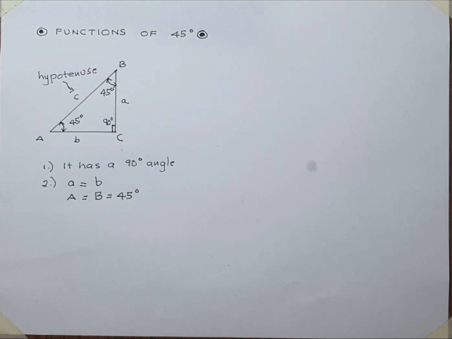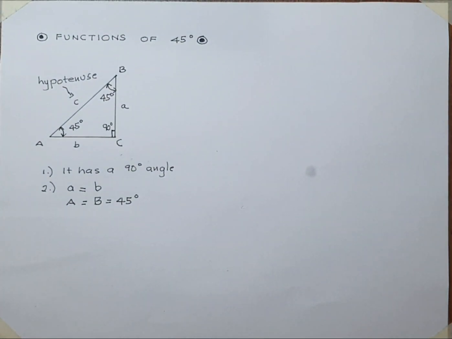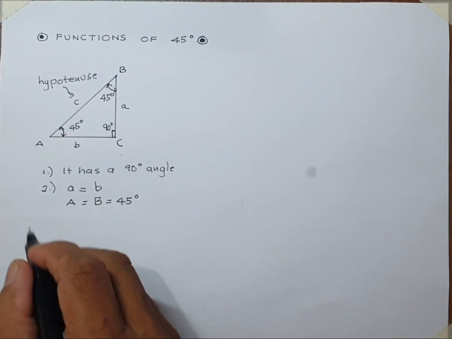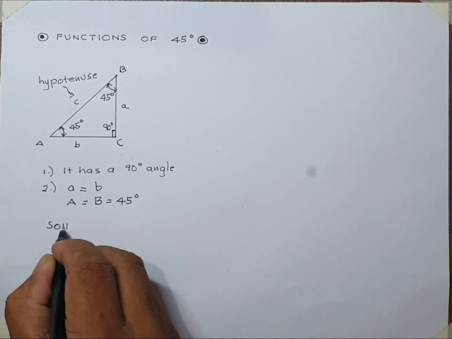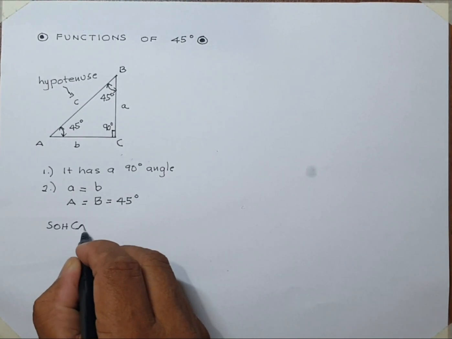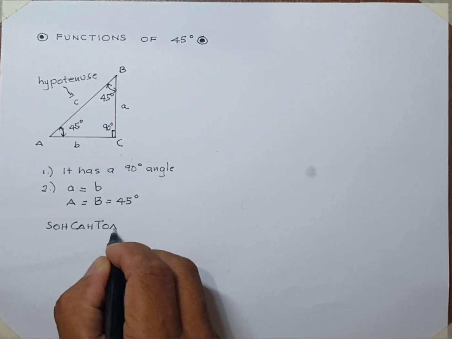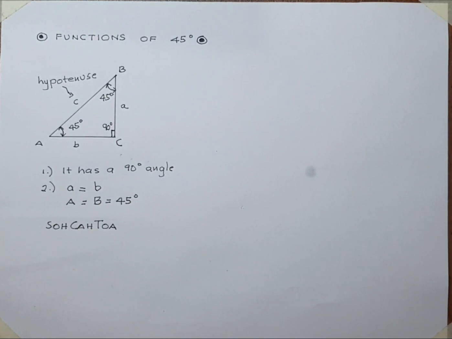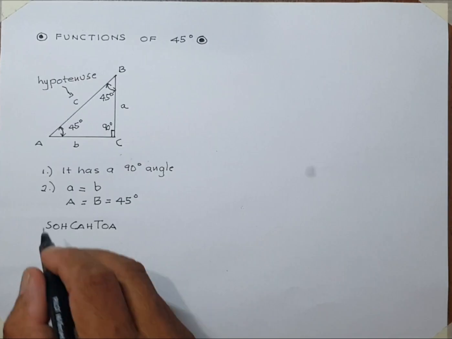So we now try to get the functions of 45 degrees. So again, let us write down our mnemonics, SOHCAHTOA, to help us recall the ratio or definition of each of these trigonometric functions.